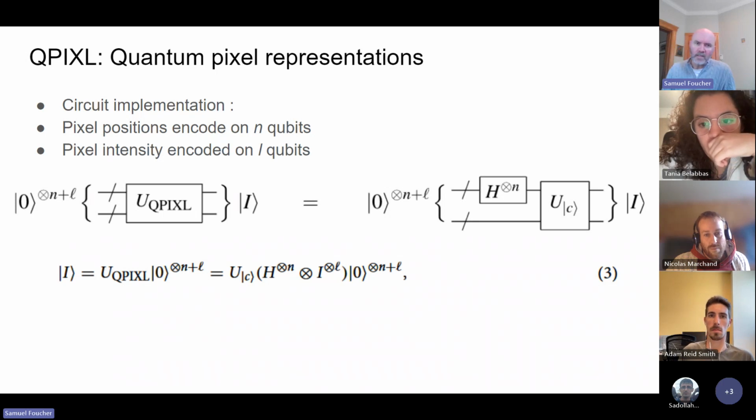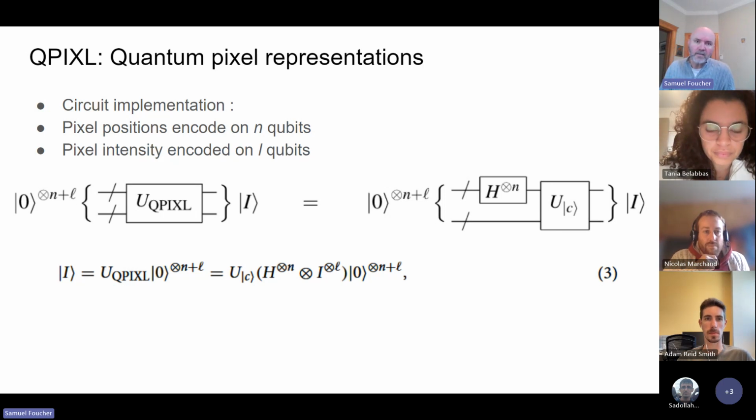A little later in the paper, they look at multi-channel images, so in that case that would be RGB images, with 3 channels: red, green, and blue. But basically, it's a small modification of that approach. So today, I'm just going to look at the grayscale case, which is really the core of the encoding. After that, in the paper, they discuss how to extend to the multi-channel case, but it's really a small modification.